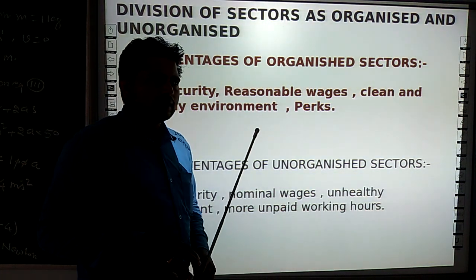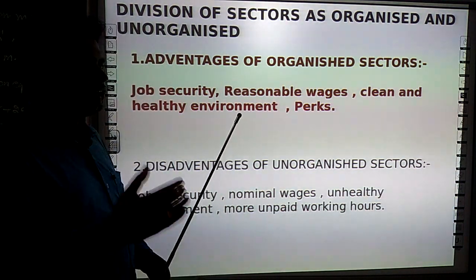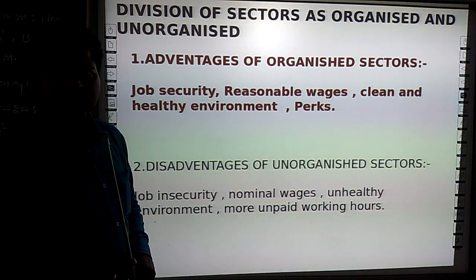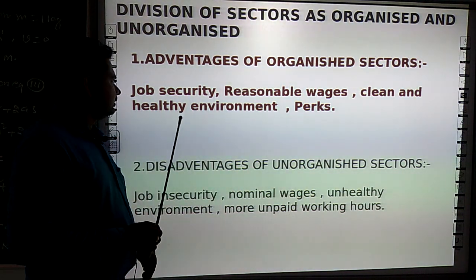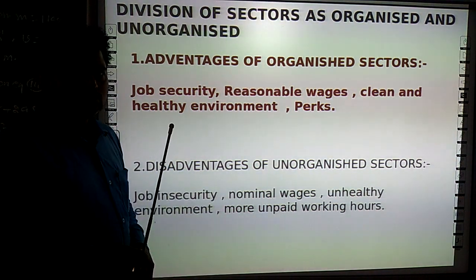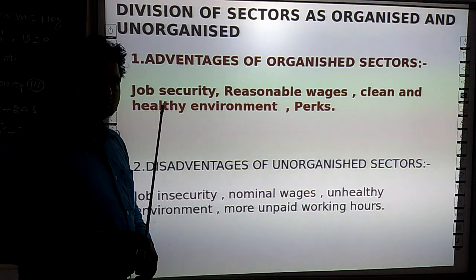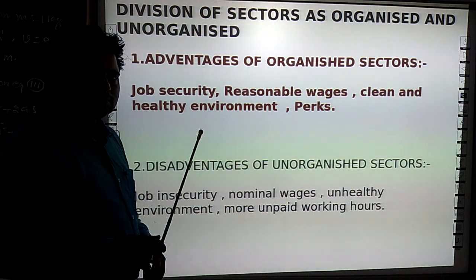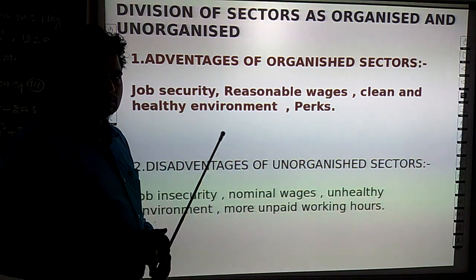Here people work with a lot of benefits like job security. Those persons involved in the organized sector have job security, meaning no one can eliminate them at will.